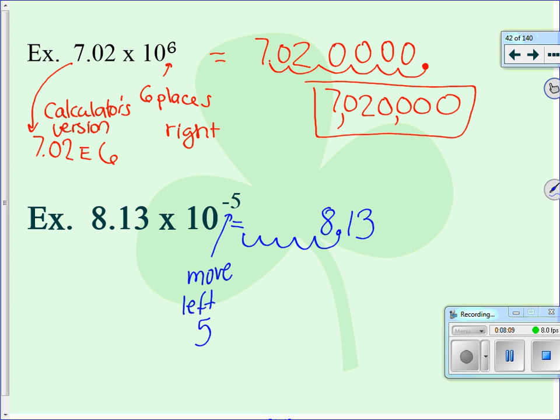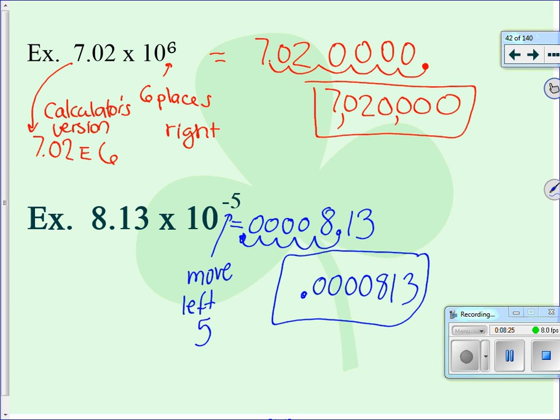So there's the new location of my decimal, and I'll fill in zeros. So my new number is 0.000813. Now some teachers are super picky and they like to have a lead zero, like 0.000813. I don't really care. It's just you have to have the decimal.